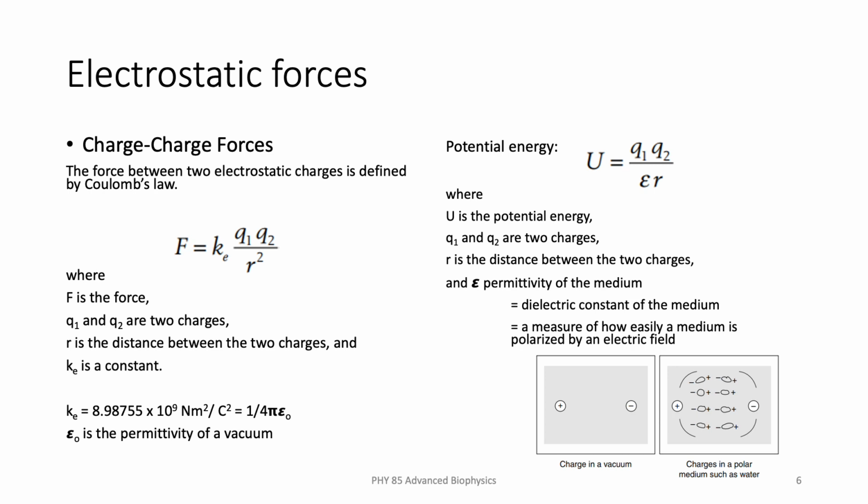In SI units, Ke is equal to 8.98755 times 10 to the power of 9 newton meter squared per coulomb squared. The constant Ke is also equal to 1 over 4 pi epsilon naught, where epsilon naught is a constant known as the permittivity of a vacuum.